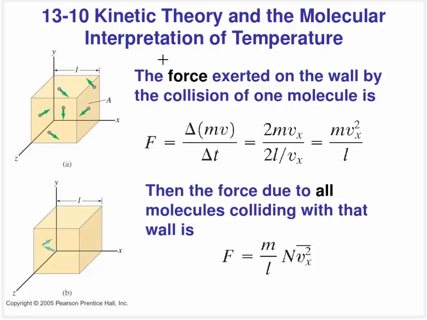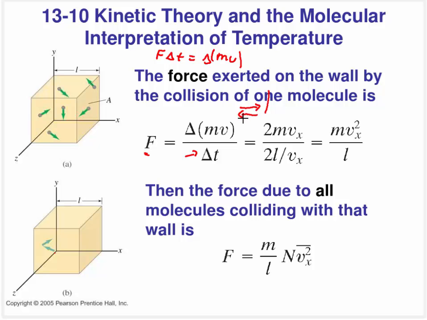Now, I'll skim through this derivation fairly quickly. First, we're going to remember some impulse from Physics 201. F delta t is equal to the change in momentum, so delta mv. Rewrite this as divided by delta t, and then say if we consider a particle moving in that direction, it's going to bounce off of a wall.